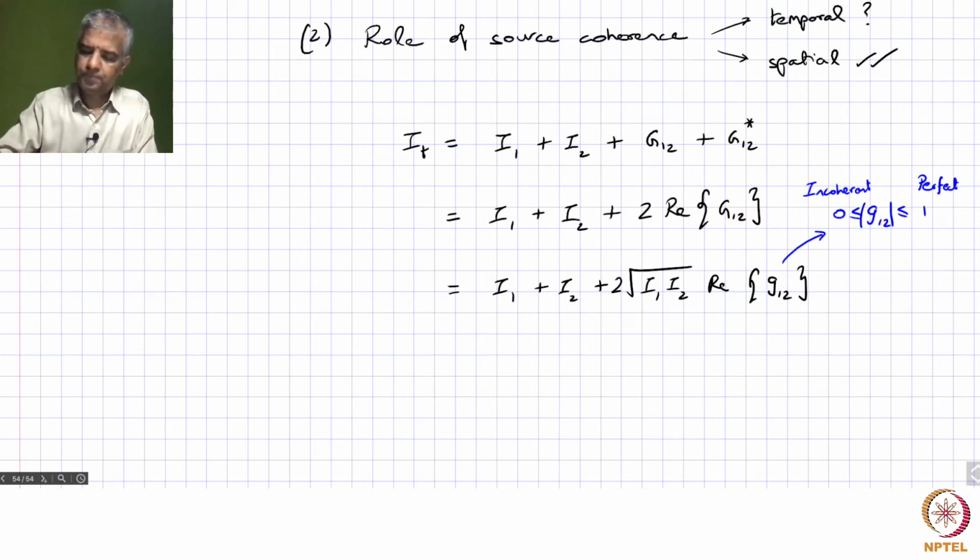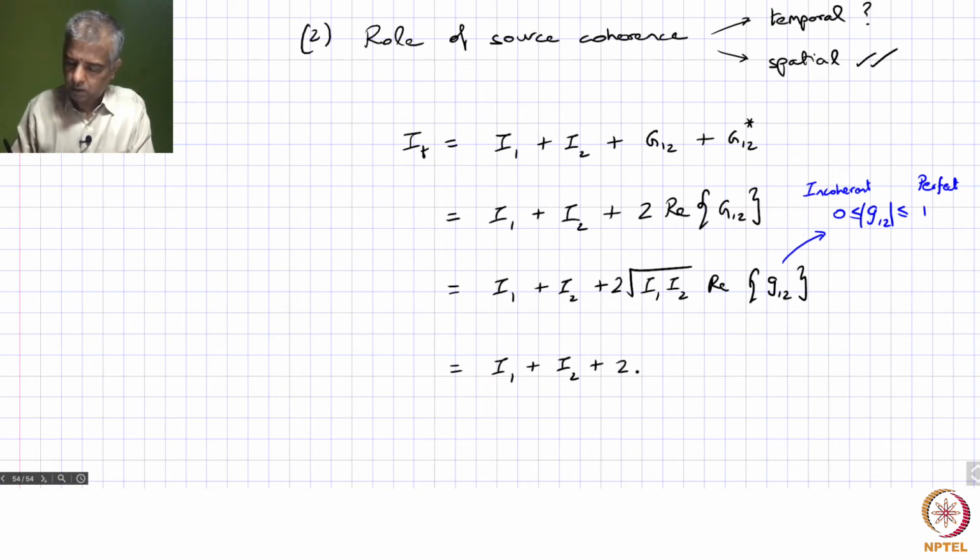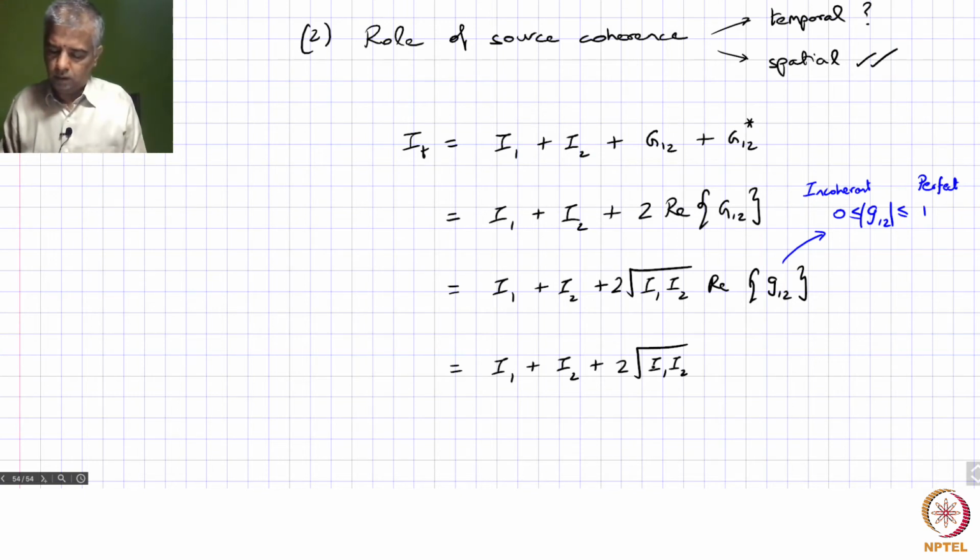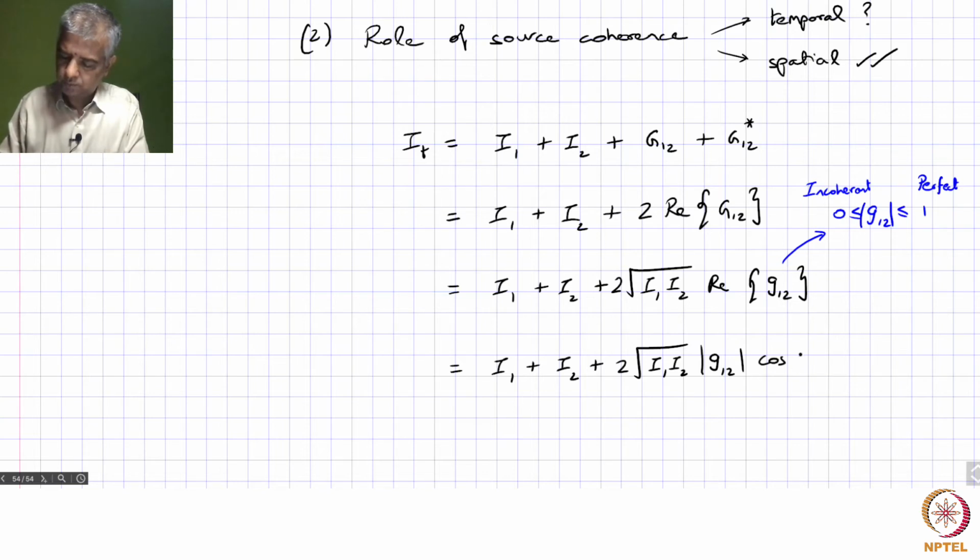In fact, what we are talking about here is that the magnitude of g12 is a value that's between 0 and 1. So if you want to write it out clearly, you will say I1 plus I2 plus 2 root I1 I2, and then you write the magnitude of g12, and then the phase term, which is once again that complex e power j delta phi term, and the real part of that is going to give you once again cos of delta phi.